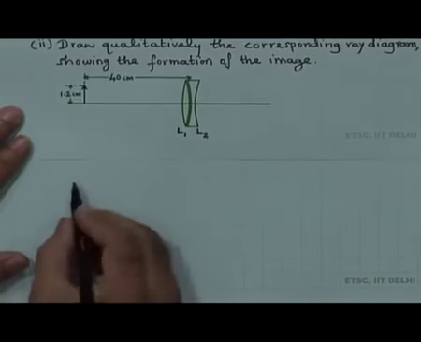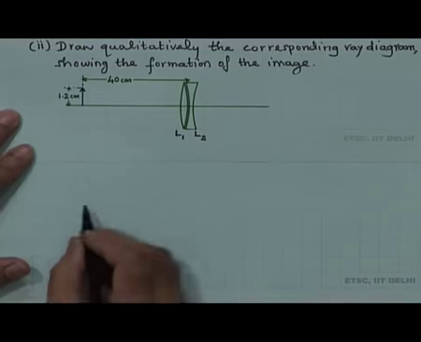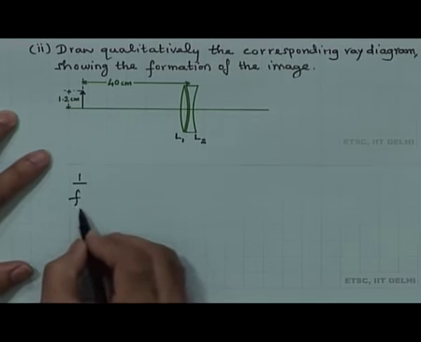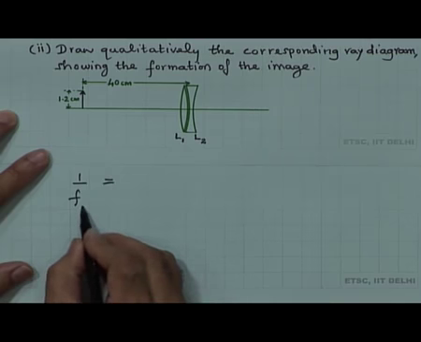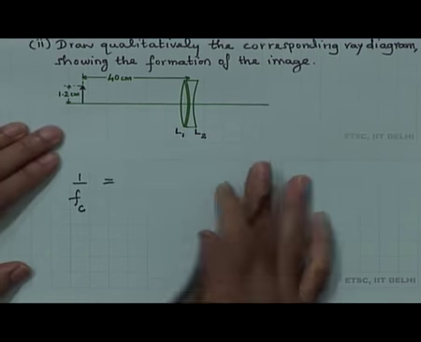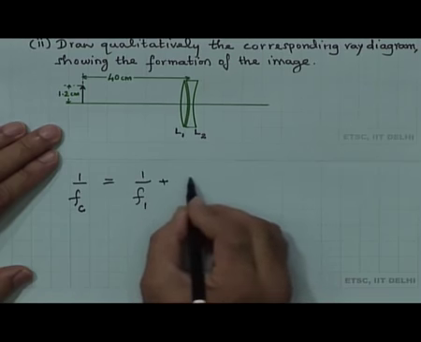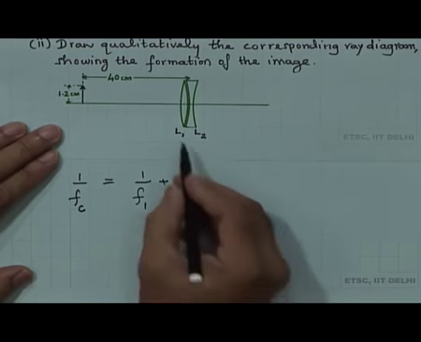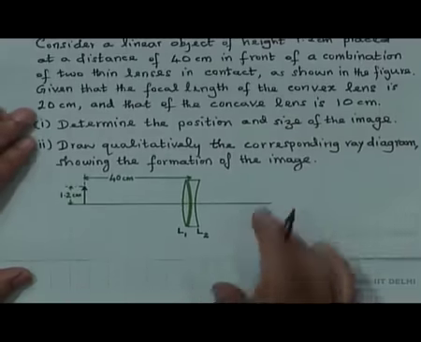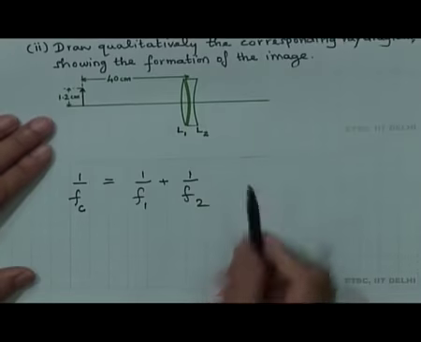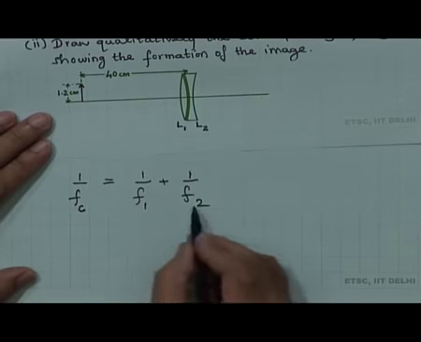So, how do we go about this? It is a combination, therefore we have 1 over f of the combination equal to 1 over f1 plus 1 over f2. The convex lens is 20 centimeter, so plus, and the concave lens is 10 centimeter, so minus.